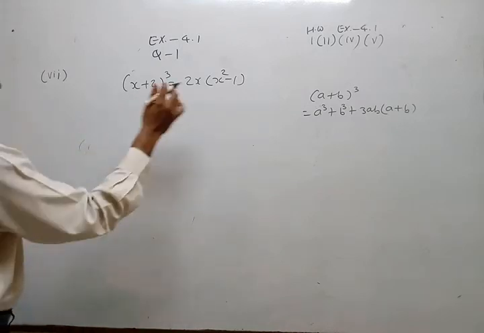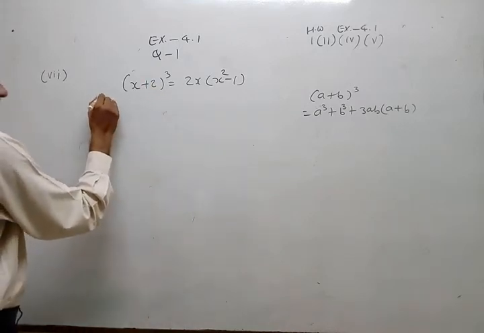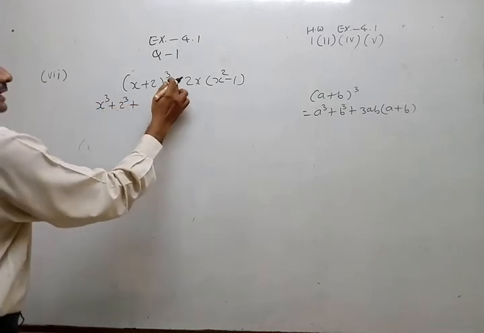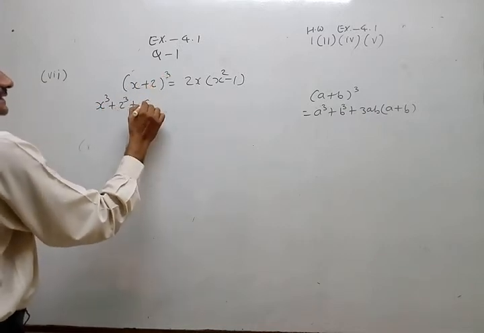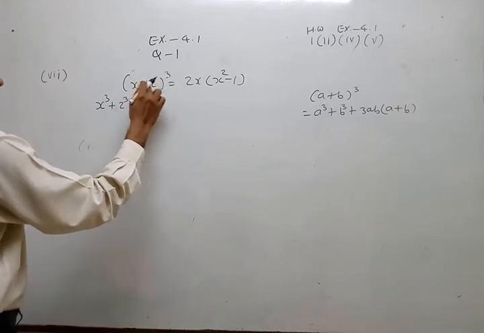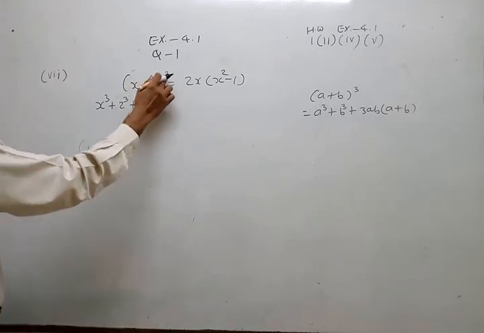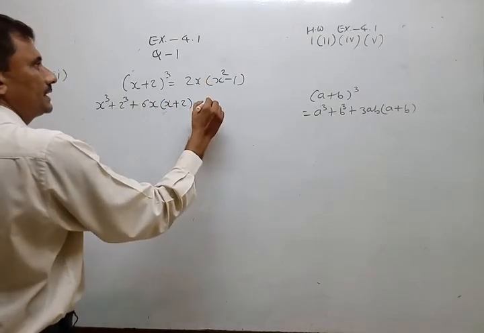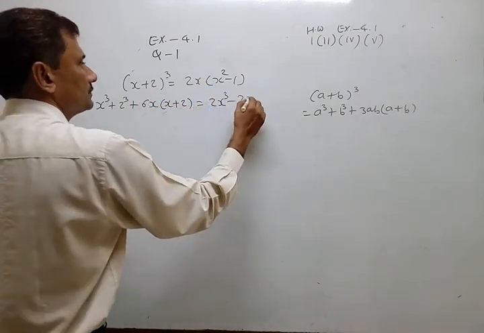Okay, so according to that, I am writing x cube plus 2 cube, plus 3ab, which means 3 into 2 into x, so 6x, into x plus 2. Now open this bracket also, so 2x cube minus 2x.